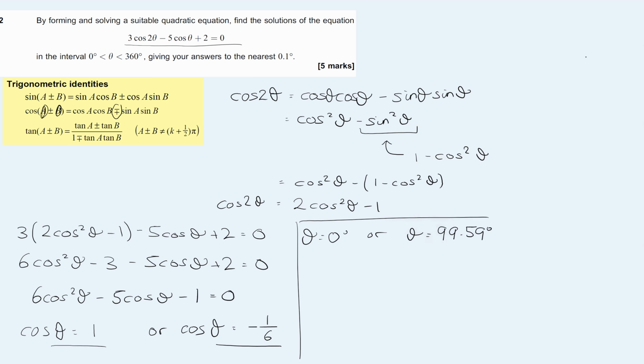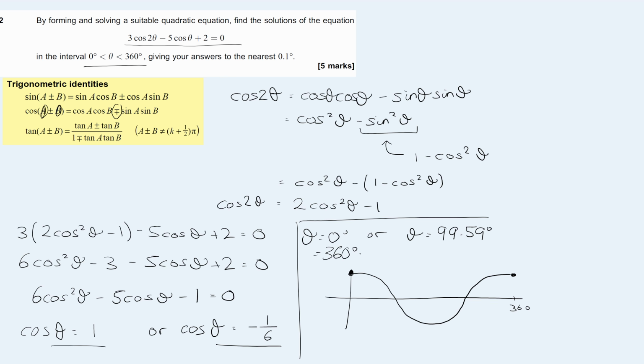Then we just need to find our other solutions in our range. So let's draw our cosine graph out. It starts at 1, comes down at 90, 270 and 360. So my first solution was when it's equal to 1, which is here, and the second one there is 360.